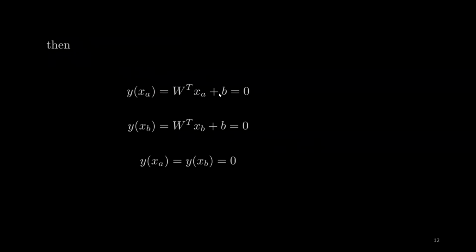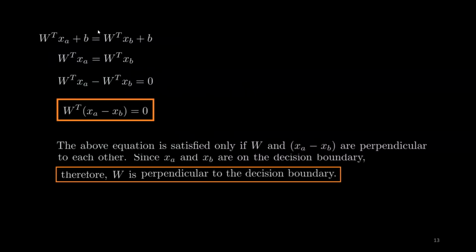Since both are equal to 0, I can equate the two equations. The next step is that I can cancel this B with this B, and I am left with W transpose XA equals W transpose XB.